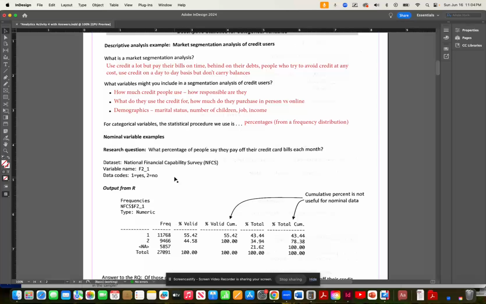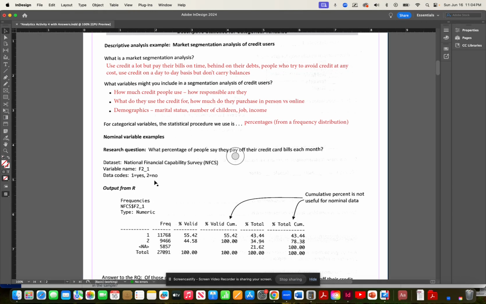So just imagine that you have the data and that one of the variables is F2_1, which would be a question related to whether people pay their credit card bills each month. And the answer is either a yes, which would be 1, or no, which is a 2.